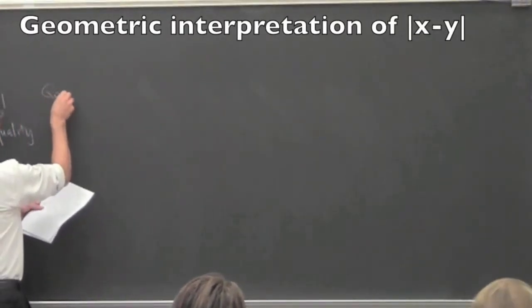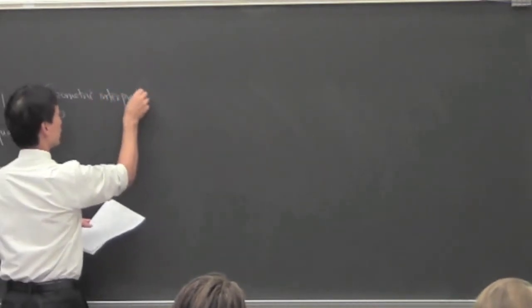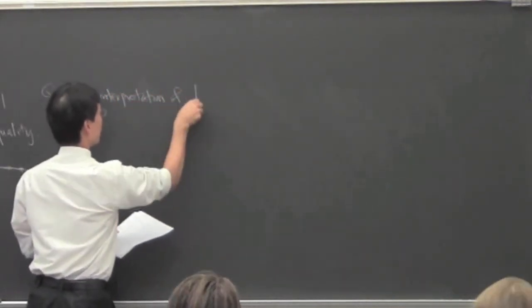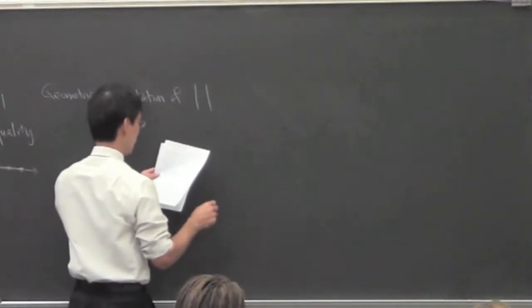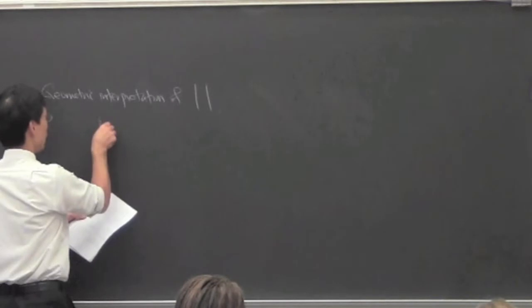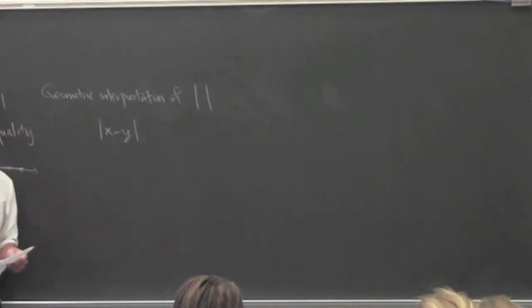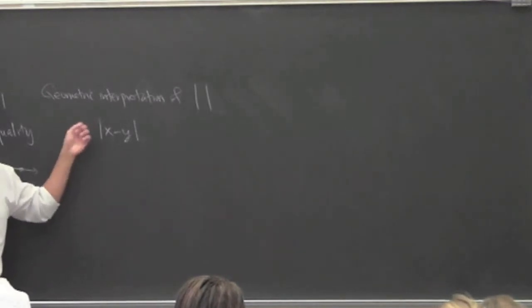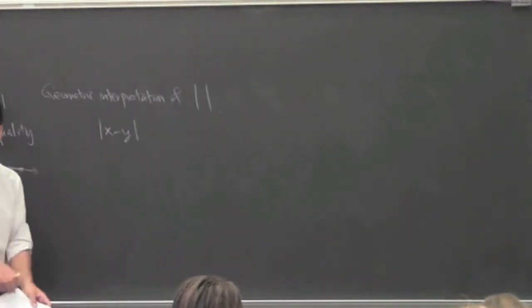Okay, so now let's recall, we had what we call the geometric interpretation of the absolute value, rather, of the absolute value of the difference. This is probably the most important thing that you'll need to know in this class about the absolute value.